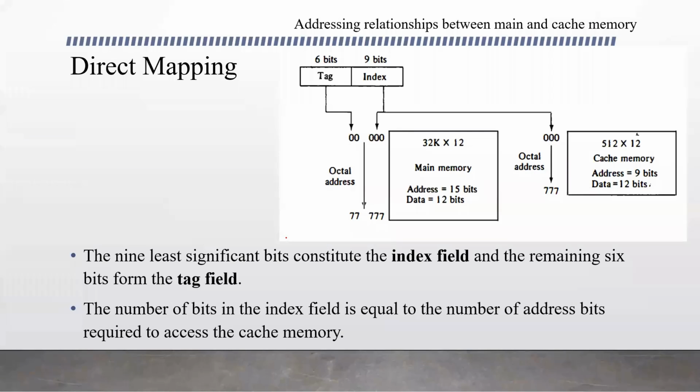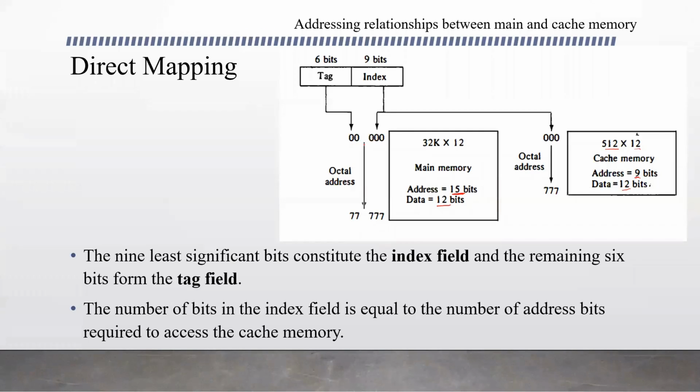This method is a little different from that. Here the main memory has 32K words and each word has 12 bits. So the address bits required are 15 bits, and data is 12 bits. Same here, we have the cache memory, 512 words, each word having 12 bits. 2 power 9 is 512, so 9 bits are needed to specify the address of these 512 words, and data bits needed are 12.